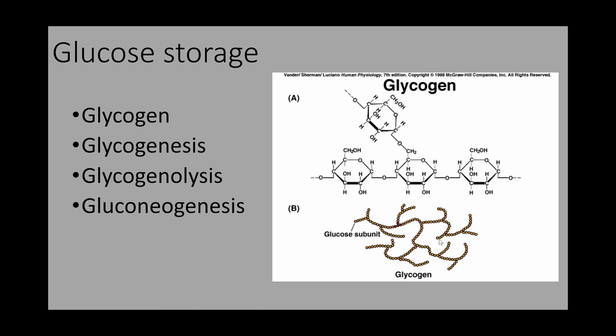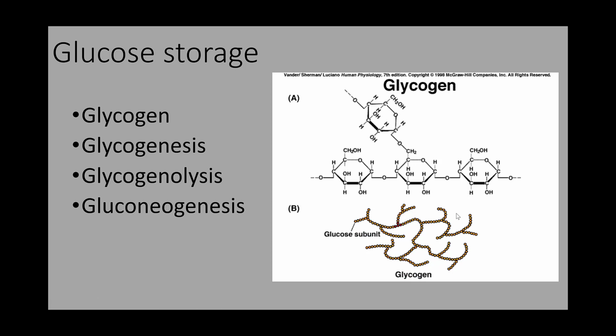Glycogen is just a lot of glucose stuck one together after another, branching, forming long chains, long branches. That is glycogen. There's lots of it in our liver, in cardiac muscle, and in skeletal muscle.